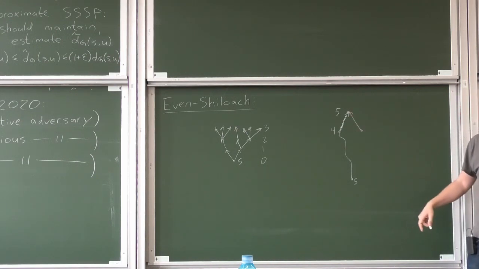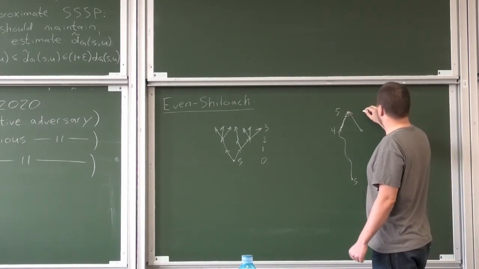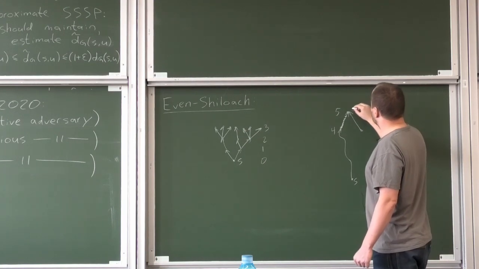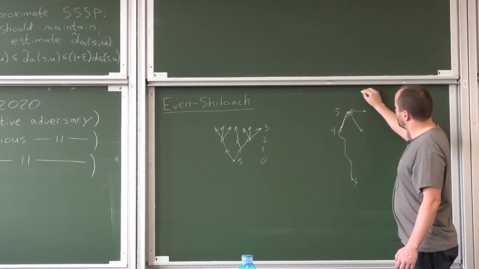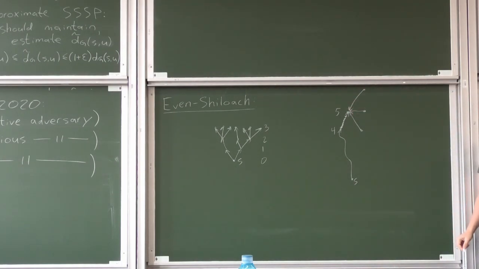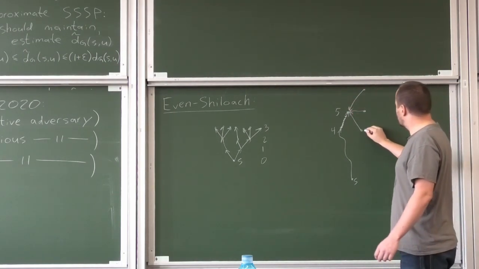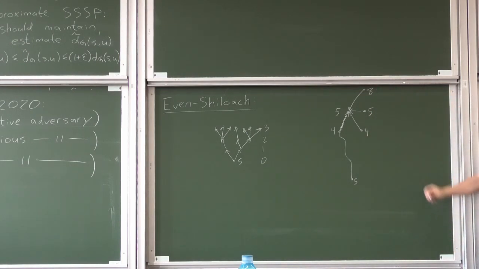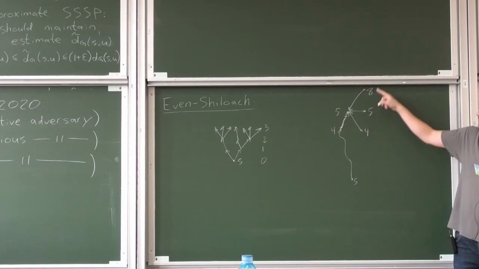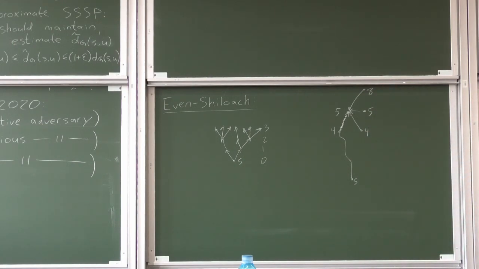This would not be the path. But there could be edges from the same level. Could also be edges from levels above, even far above. So let's say this is 4, this is 5, and this is maybe 8. So these are distances from S to these guys.